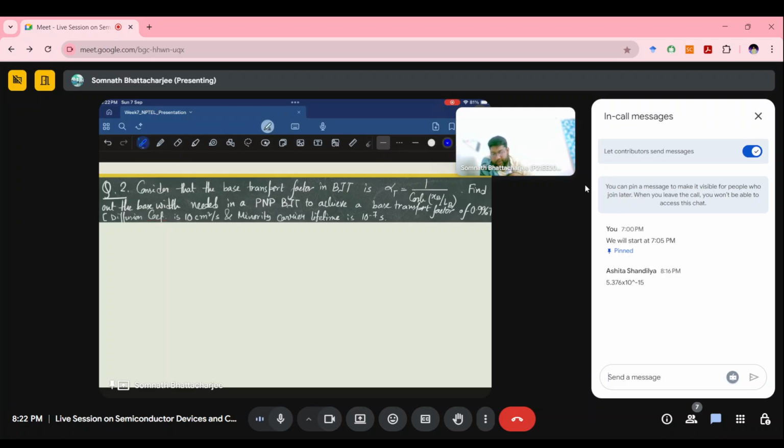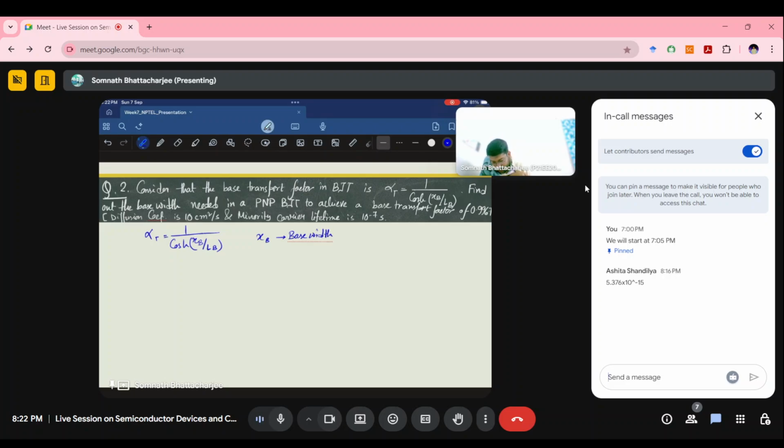So we know that alpha T has a value of 1 by cosh of XB by LB. Now XB is the base width, which we have to find out.